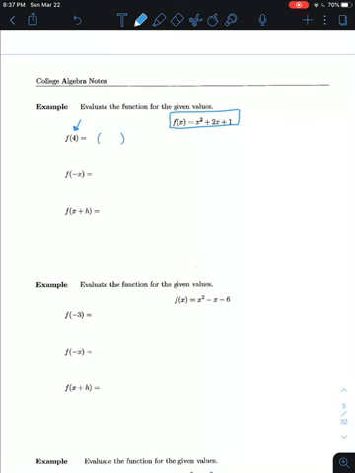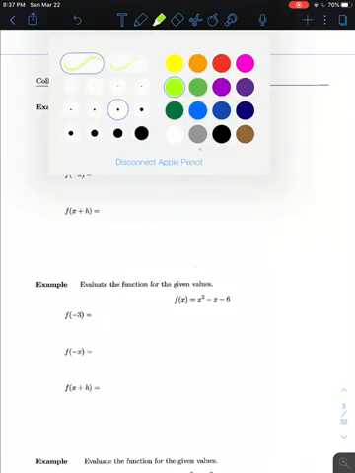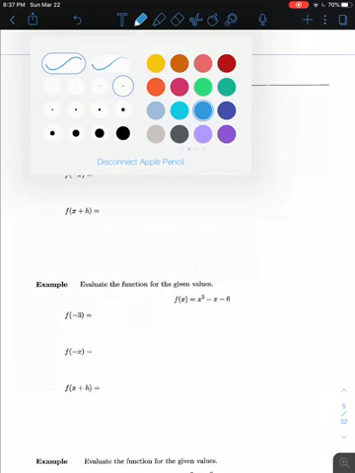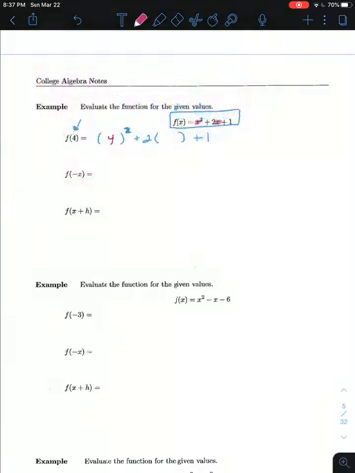So I'm going to take this equation, which is x squared, but I'm not going to write the x. I'm going to leave it as a blank space and put parentheses squared plus 2 times parentheses plus 1. Because everywhere there's an x, I'm going to replace that x with a 4 in this example. So in place of those parentheses, I'm going to put in a 4.